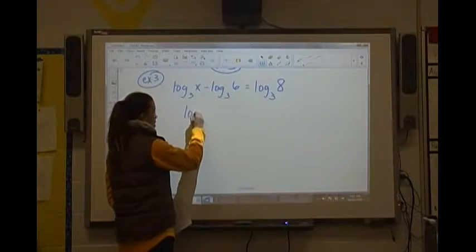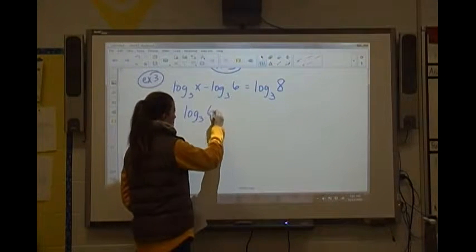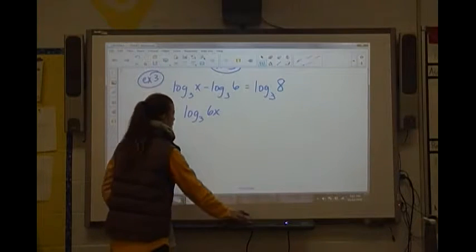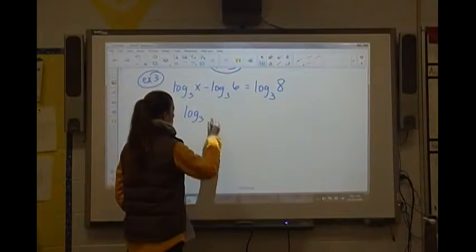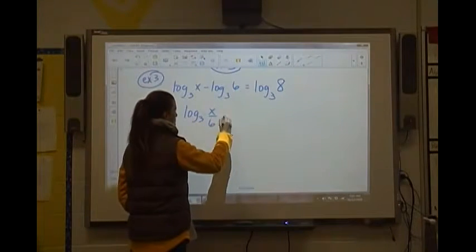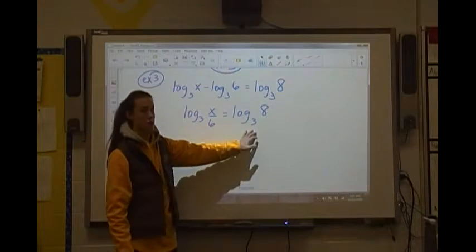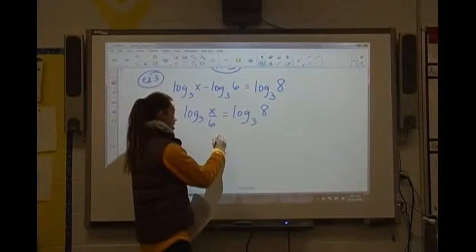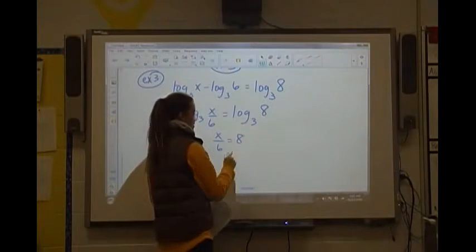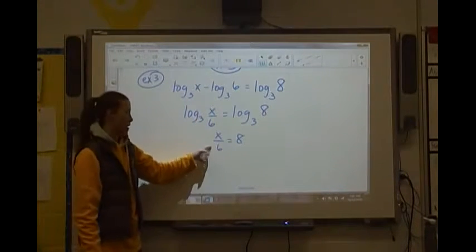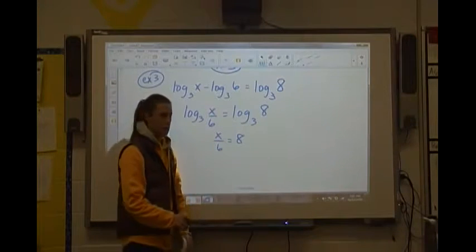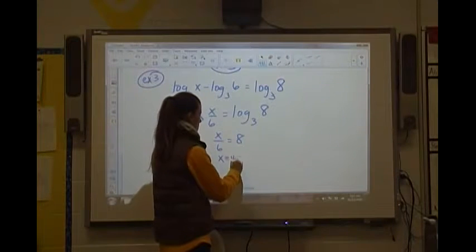So we have log base 3 of x over 6, that is division, is equal to log base 3 of 8. So now I have log base 3, those are the same, and x over 6 is equal to 8. In order to solve this, I need to multiply by 6 on both sides because it's being divided. So x is equal to 48.